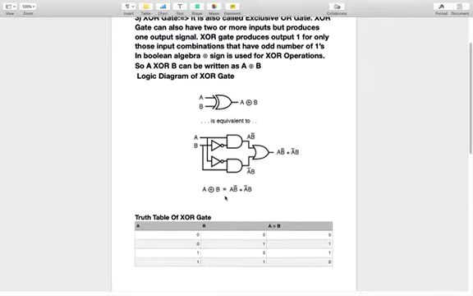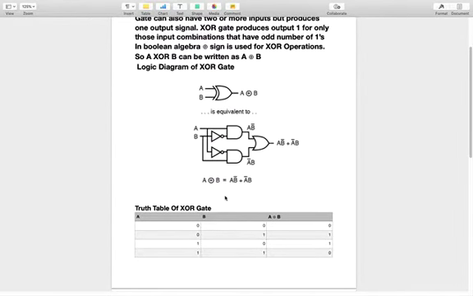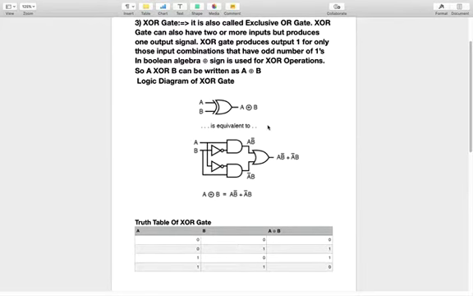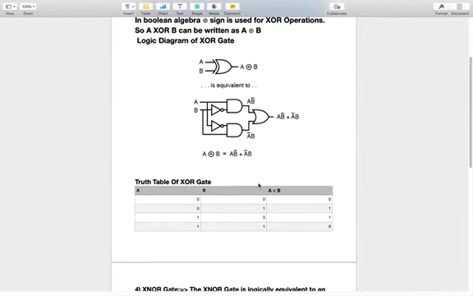So we can create a truth table of the XOR gate. What is the basic rule of the XOR truth table? The XOR gate produces output 1 only for those input combinations that have an odd number of ones. Like we have two inputs: 0 0, so the output is 0.